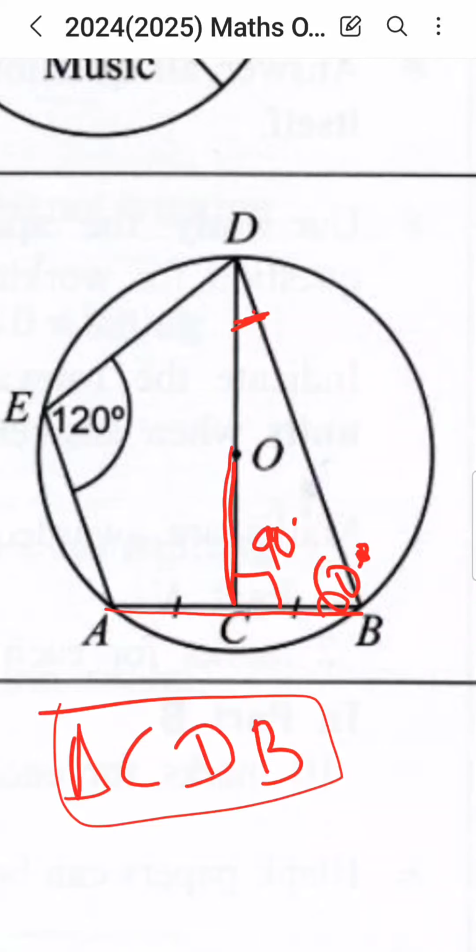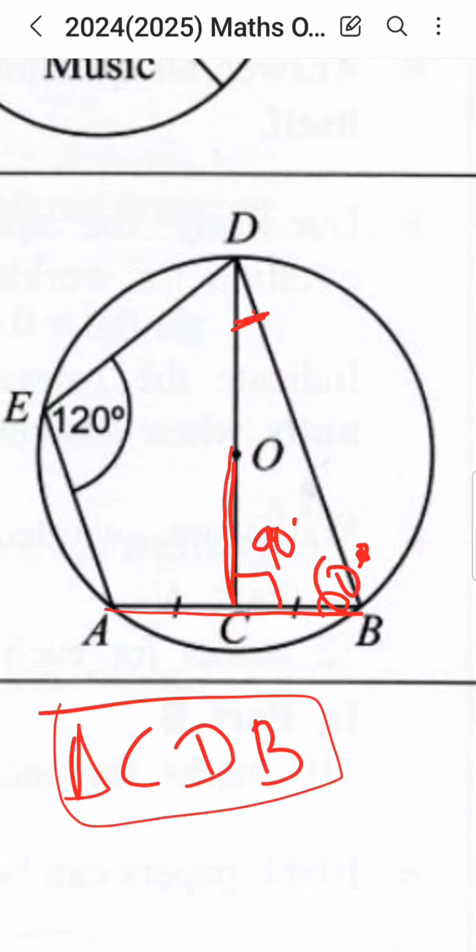Then in the triangle CDB we get to know two angles. One is 90 degrees because of the chord of the circle theorem, and another angle is 60 degrees because of the supplement for a cyclic quadrilateral.